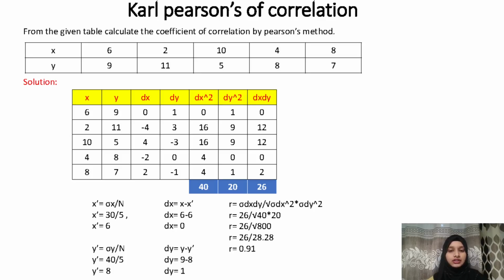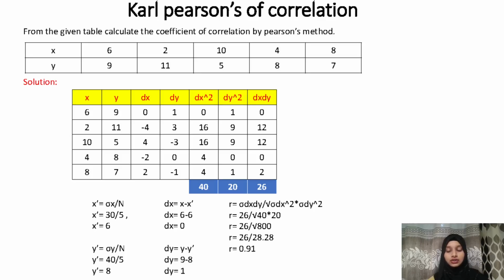Then we can put here the final result. r is equal to 26 divided by under root 40 into 20, sigma dx square into sigma dy square. Here is the value of 40 and 20. 40 into 20 is equal to 800, so r is equal to 26 divided by under root 800.